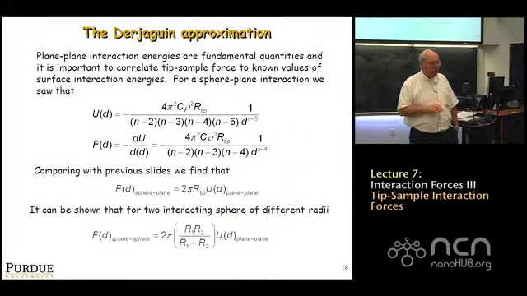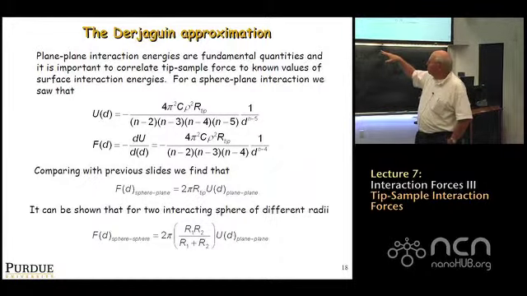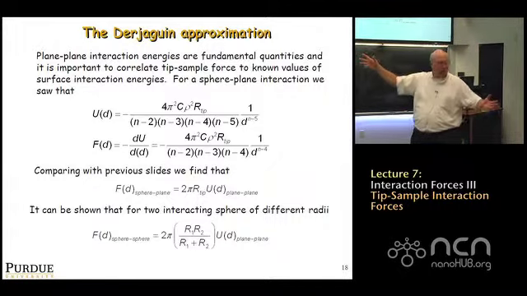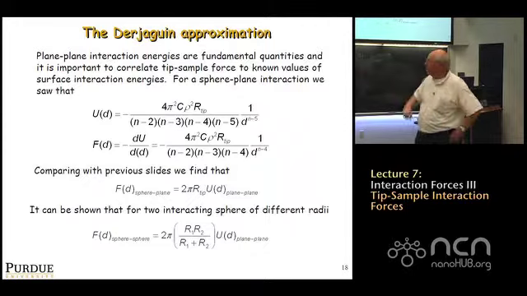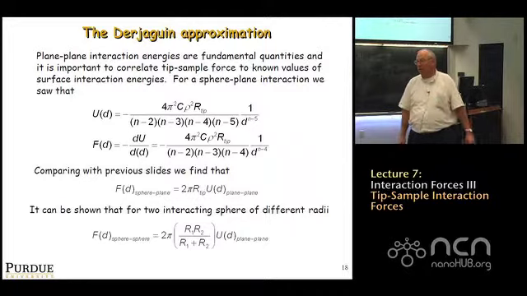And what it says is, you take a sphere and you push the sphere onto a plane, and then you measure the force that's required to separate the sphere from the plane. And by the magic of the algebra involved, it just turns out that separation force is just 2 pi times the radius of the tip times the interaction energy between two planes.